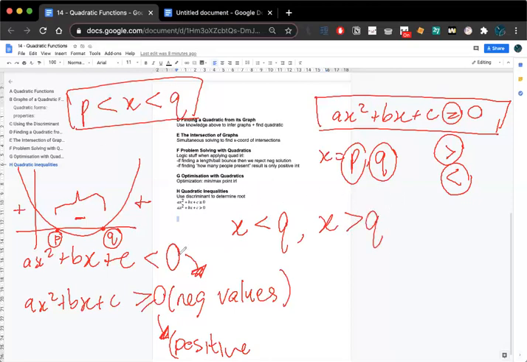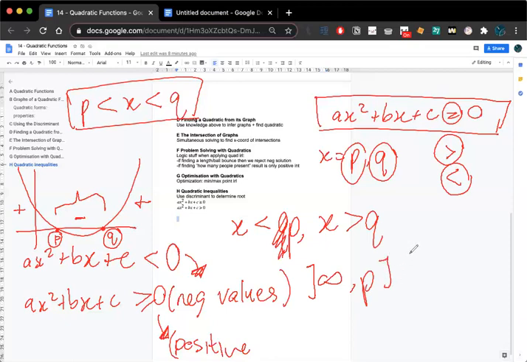And if you want to mathematically write this in notation form, then that would be something like minus infinity, comma, p, union, q, comma, infinity. Oh wait, sorry, my bad, this is supposed to be p.